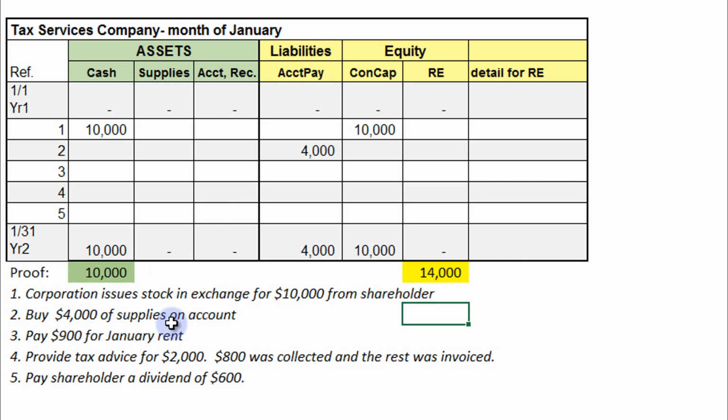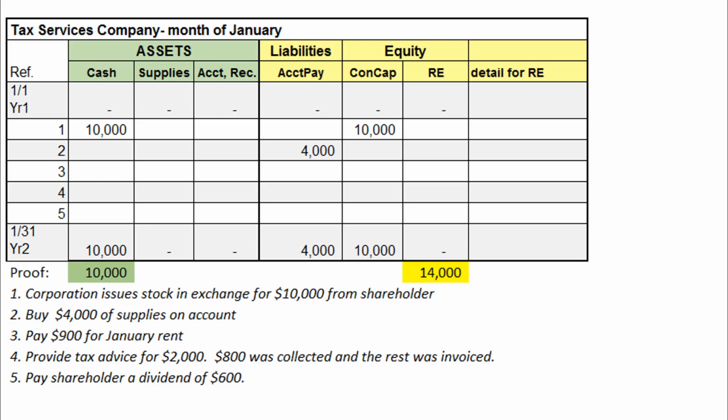Initially, those supplies will be sitting on the shelf. They'd be an asset. But over the course of the month of January, we're likely going to be using some of them up. The business is going to use some of those supplies in order to run their business. It's very likely that by the end of January, much of the supplies will be used up, but some of the supplies will be still sitting on the shelf. We'll use the course rule of thumb.